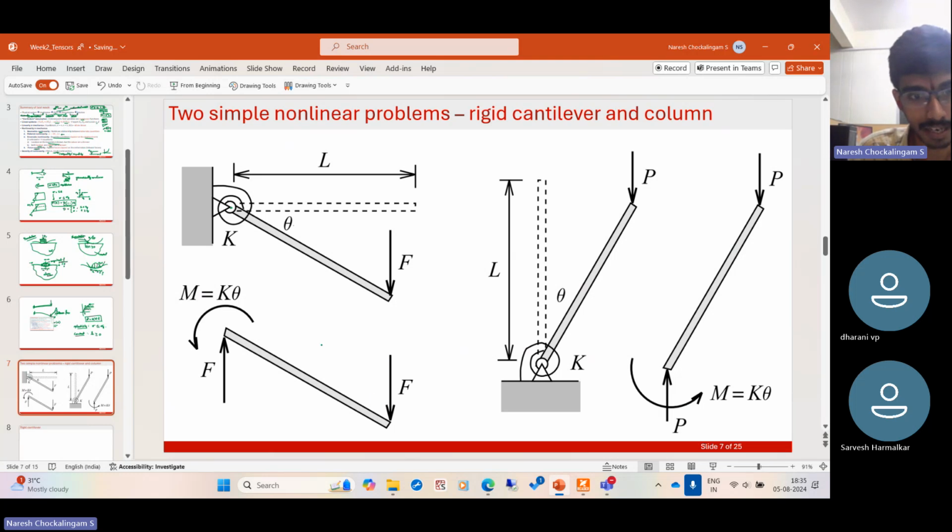You apply a force here. There will be an equal and opposite force at this support, and it is allowed to rotate but not freely. There is a spring which resists the rotation as M equal to k theta, and this k can be treated as constant. Therefore, this is a linear spring. So here the material is linear, because k is a constant.